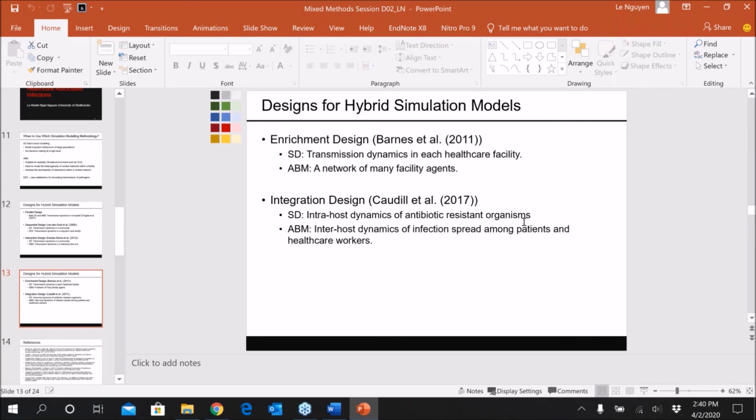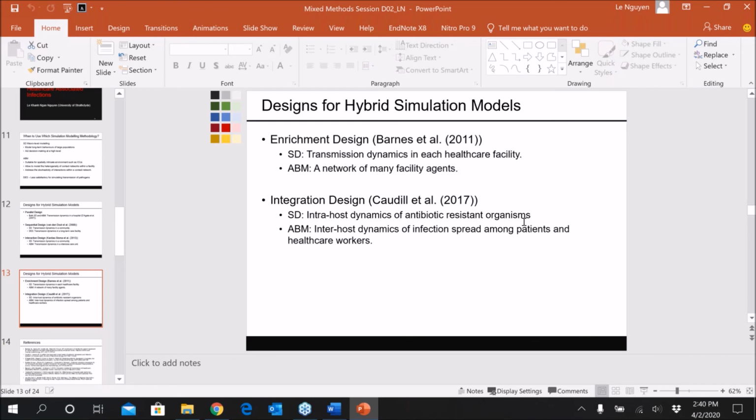The interaction between patients and healthcare workers was represented with agent-based modeling, and they have an SD model embedded into each agent to represent the dynamics within a patient.